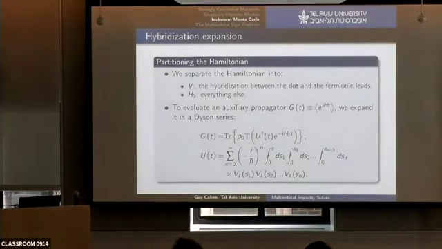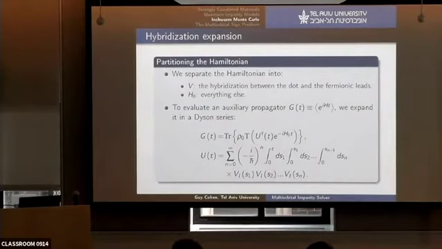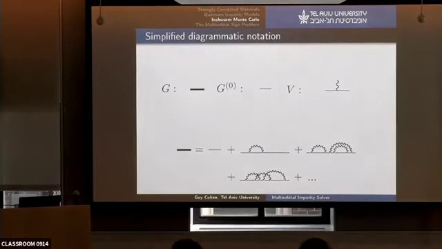In order to construct a perturbative theory for these propagators, we start with a Dyson expansion, and we start with a propagator which is solvable, analytically evaluatable. Then we evaluate a set of contributions at different orders. And this gives you a perturbative diagrammatic theory.